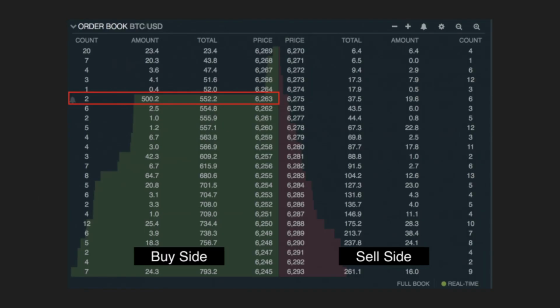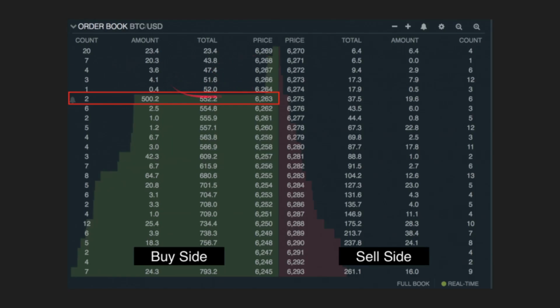So here's an example of an order book. This is from Bitfinex. In particular, this is an older example of Bitcoin trading at $6,263. We do see a rather large accumulation starting here. Particularly, there's about 23 Bitcoin offered to be purchased at $6,269.